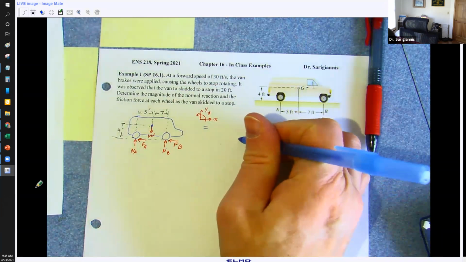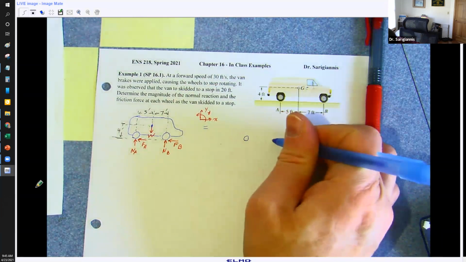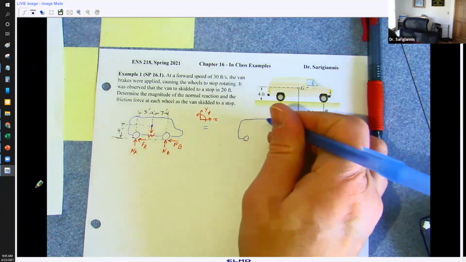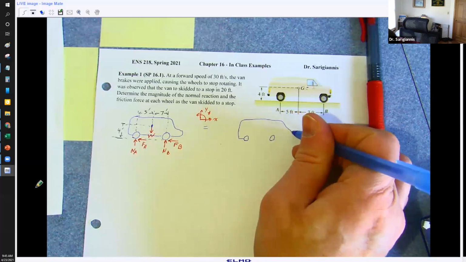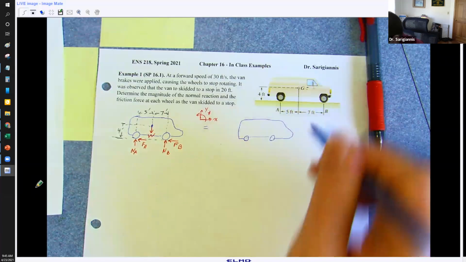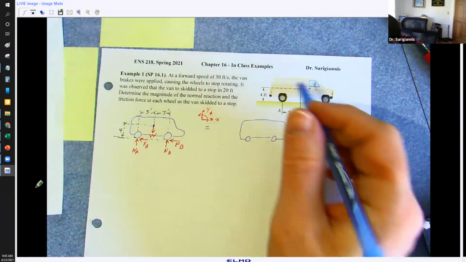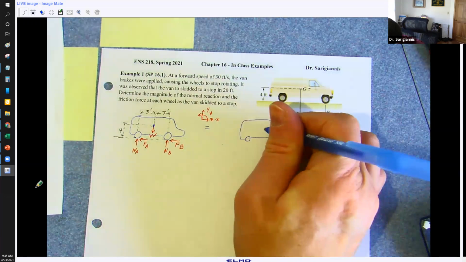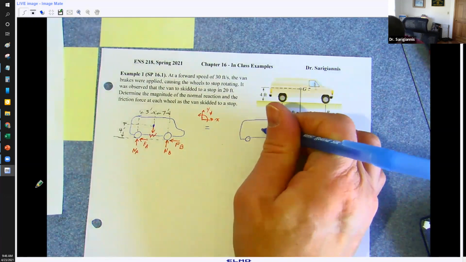Let me draw the van out again. I'm just going to draw the kinetic diagram here. Not as consistent. This looks more like a bus. I don't know. Center of gravity.